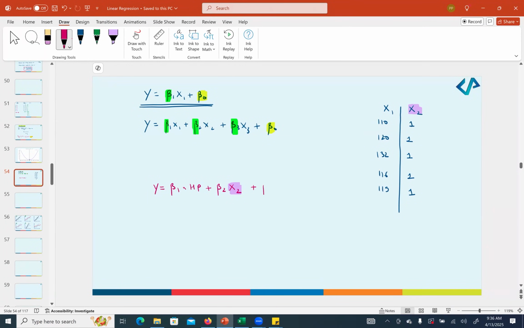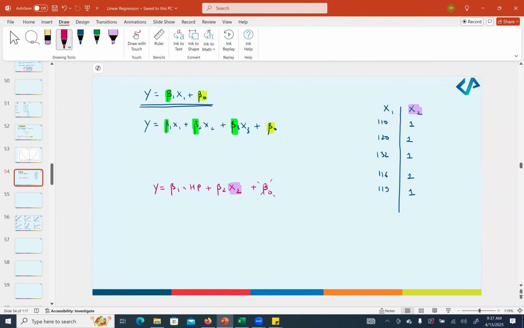Plus beta 0 I won't be able to calculate, because my package doesn't give beta 0. So what I will get is y is equal to beta 1 into horsepower plus beta 2 into x2.